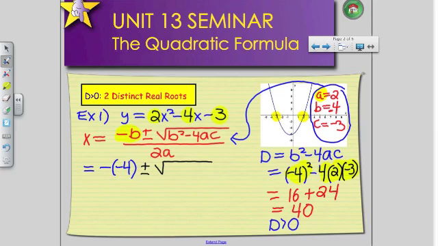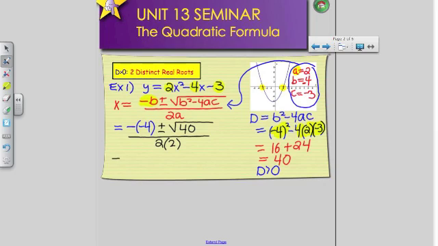Yep, 40. Good. So underneath the square root sign, I just have to put the number 40. You can't forget the square root sign, because that's part of the quadratic formula. Now I'm going to put that all over 2 times my a value, and my a value is +2. So I have negative times -4 is +4, plus minus the square root of 40, all over 4.